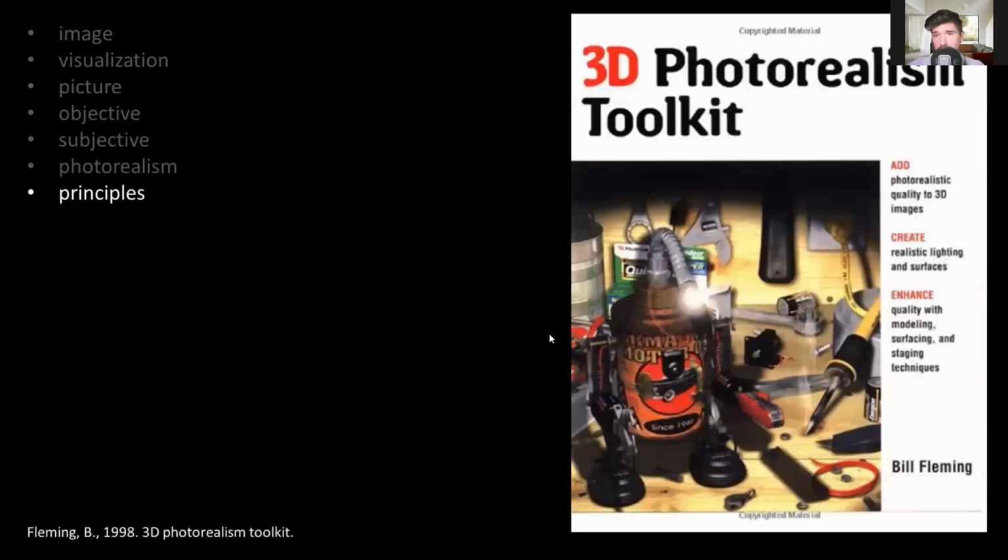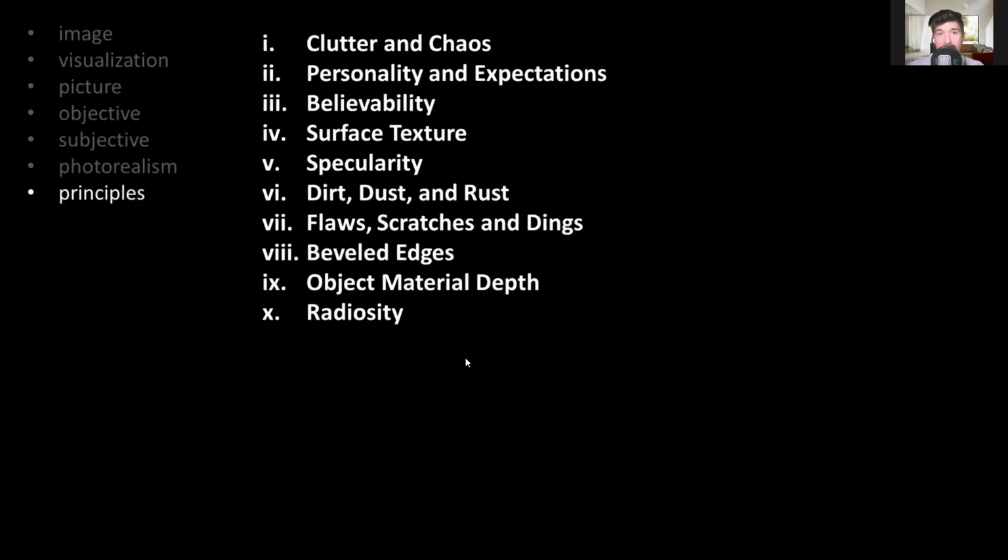So first off, we can take a look at the 3D photorealism toolkit, which was published by Bill Fleming, where he discusses these 10 things in order to make a photorealistic depiction of something within the computer graphics scope.